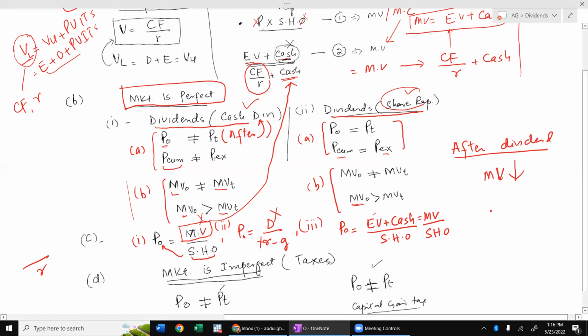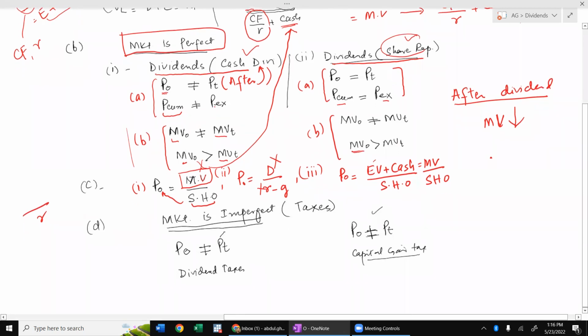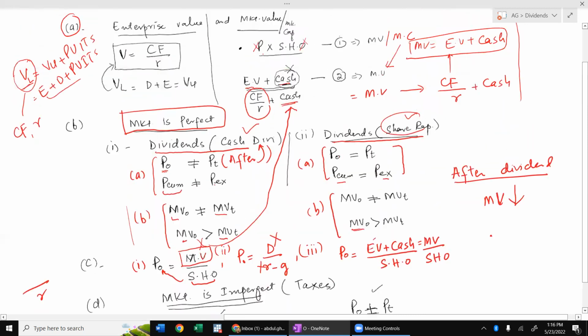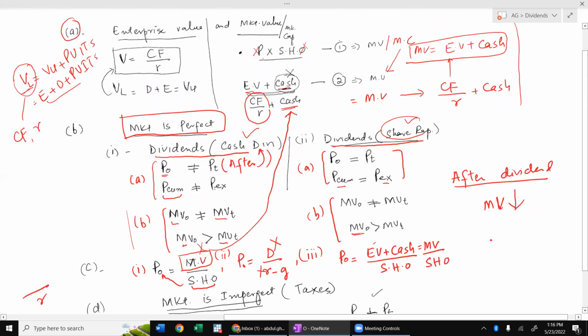Okay, perfect. So the last point is, when the market is imperfect, then these two assumptions: that price before and after are not equal when it is cash dividend, and price before and after are equal for the share repurchase, but it only happens when there are no taxes.